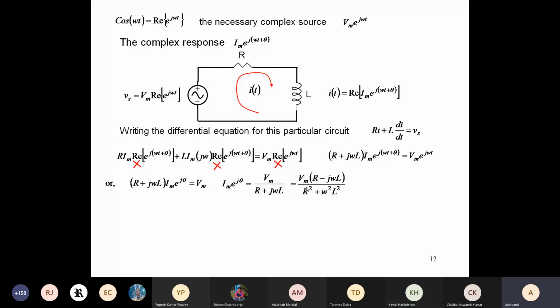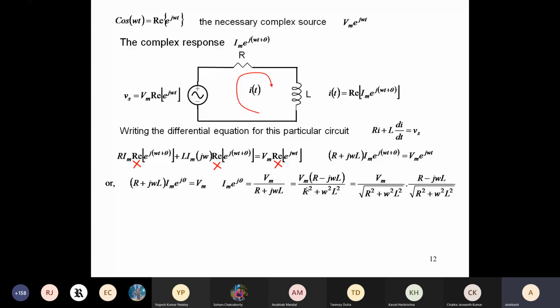So you have a real part and an imaginary part. And you know why I did it like this, dividing the denominator: because from the second part, you will get it in the form e to the power j theta.